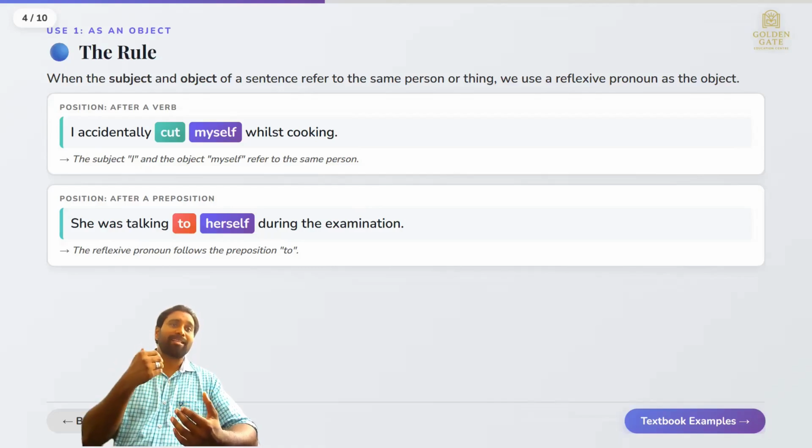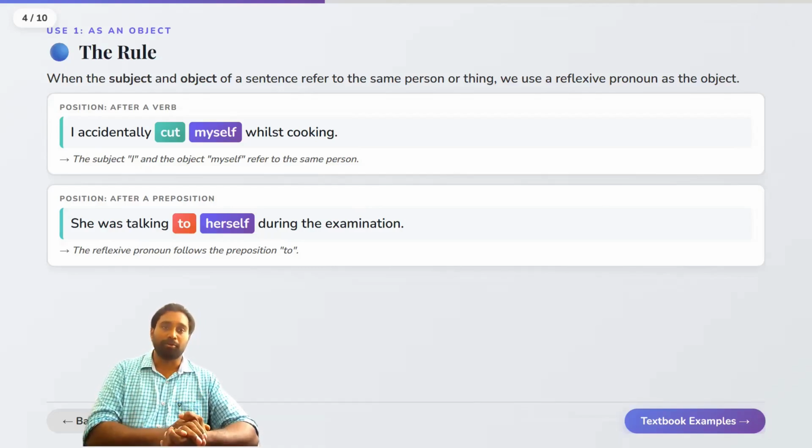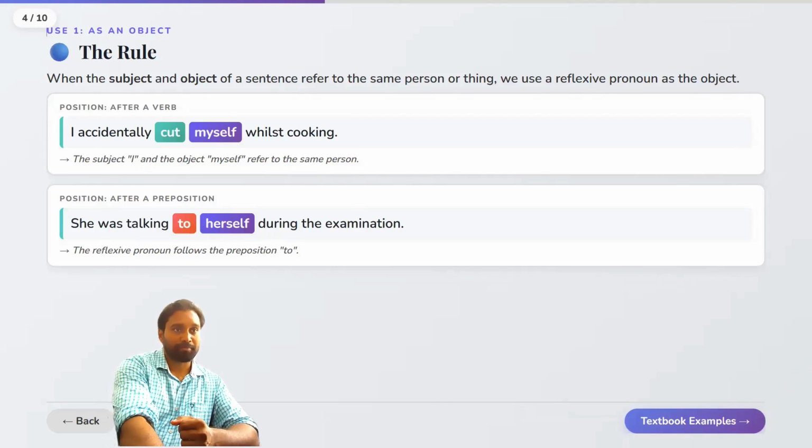Because the subject and the object are the same person, that is why we use a reflexive pronoun, myself, as the object. And one important thing, notice where myself appears. Where can you see that? Immediately after the action word cut. Clear?